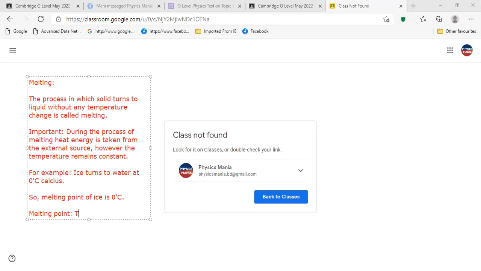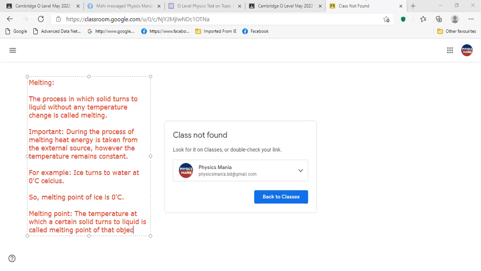The temperature at which a certain solid turns to liquid is called the melting point of that object.